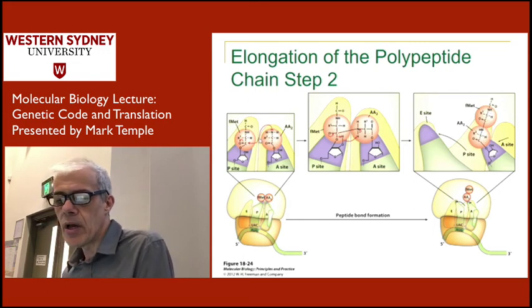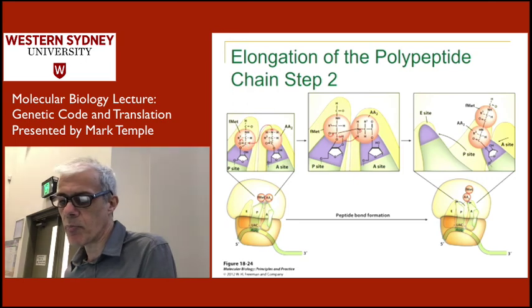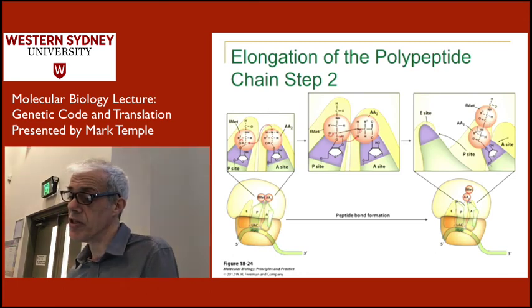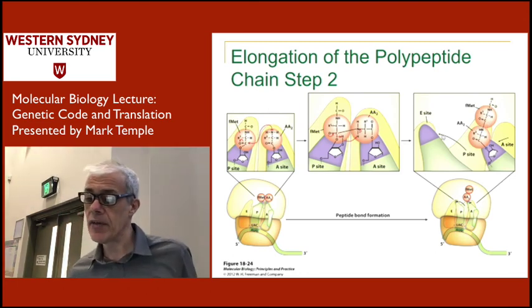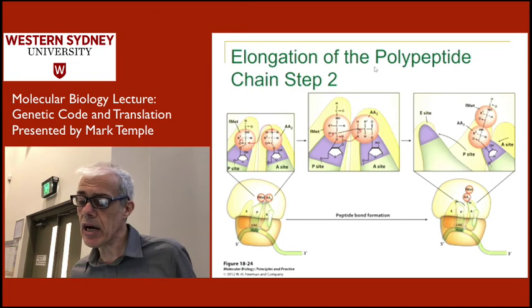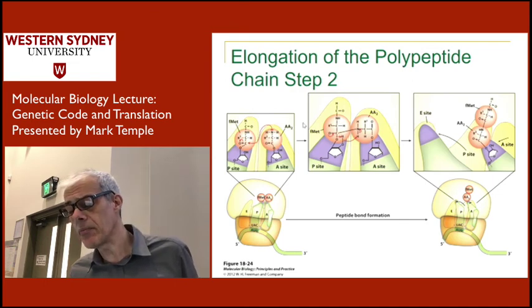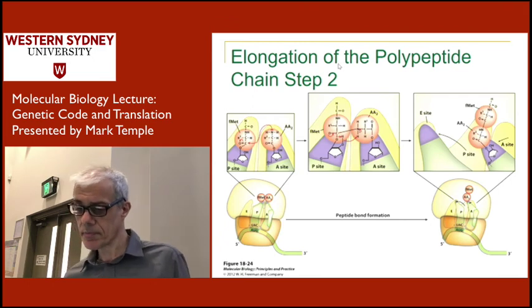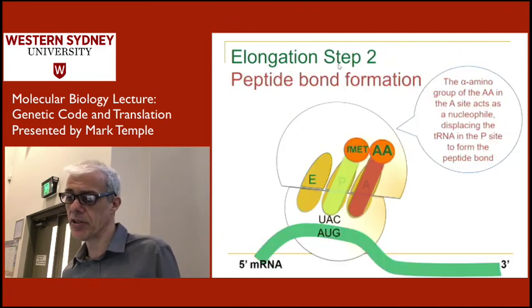Okay, so it's fairly straightforward, but you may want to refresh your understanding of what a polypeptide bond is and how it's formed through a condensation reaction, the removal of water between two amino acid residues to give you a polypeptide bond here. And this all occurs in the large subunit of the ribosome at the peptidyl transferase site, and this gives you polypeptide bond formation.